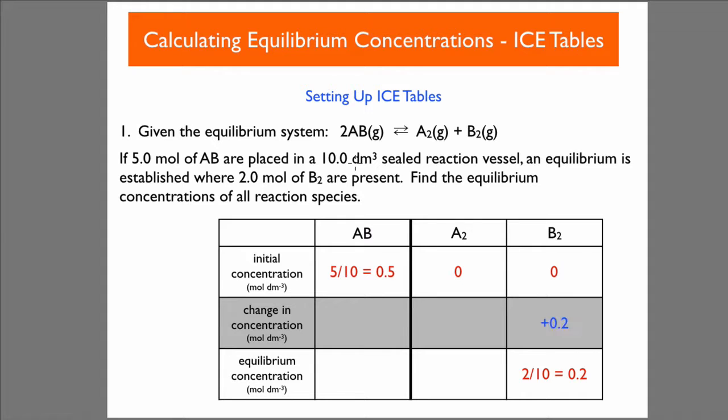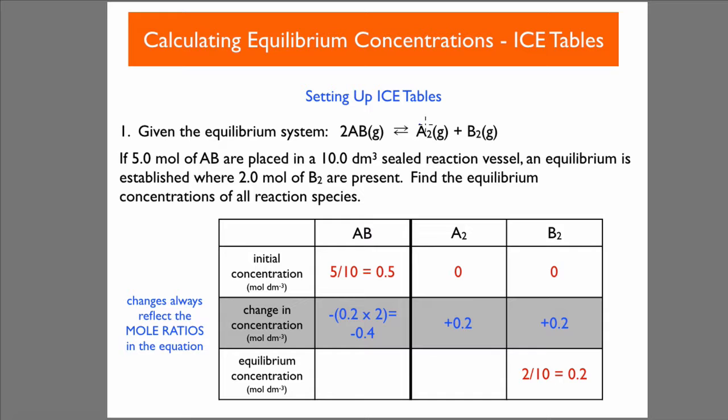So what can we do next? Well, we know that the change in concentration is going to be plus 0.2, and changes always reflect the mole ratios in the equation. So if B2 is plus 0.2, then A2 will also be the same, and AB is going to be twice as much, because you can see the ratio.